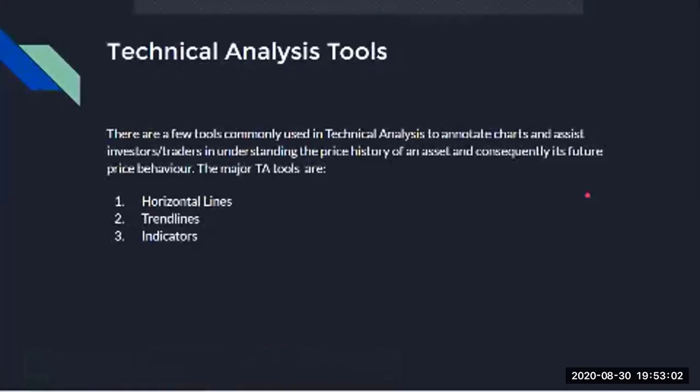So now there are some tools we use in technical analysis to annotate charts, basically draw on your charts, and what they do is they assist you in understanding how the price of an asset has been behaving over time.